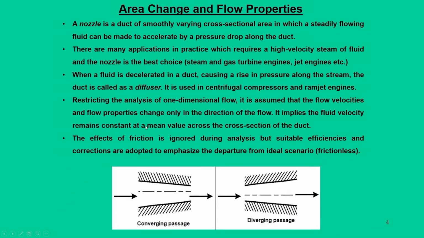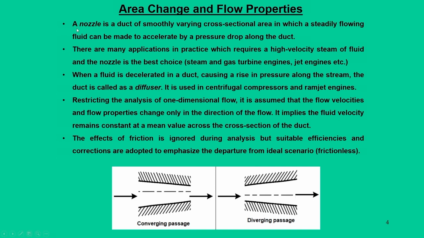Now, let us try to understand more theoretical aspects: what is a nozzle, and with respect to our situations, when we talk about steam, superheated steam, and the flow expands, the flow is typically either liquid or steam or vapor, and it mostly falls in the incompressible range. For such a fluid to expand, what should be the shape? This is the main theme of the discussion in today's lecture.